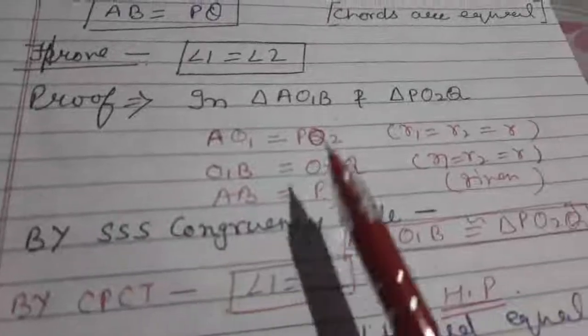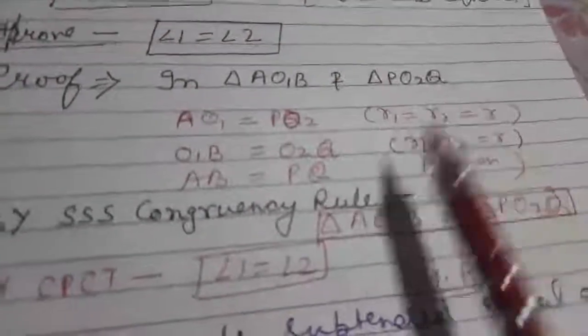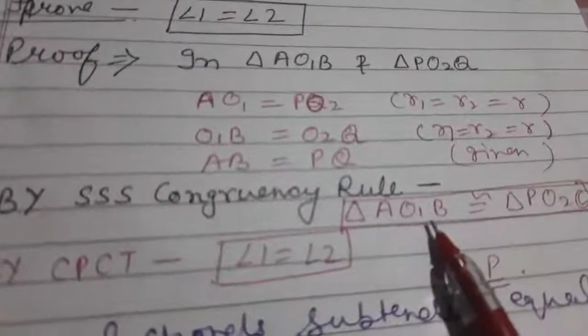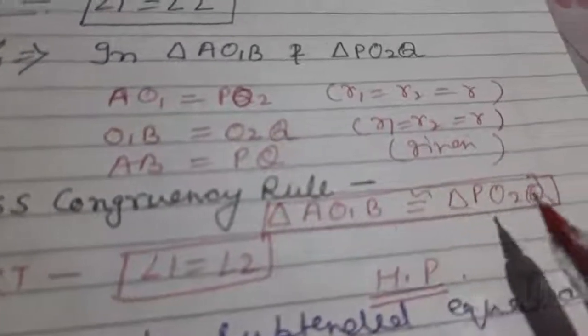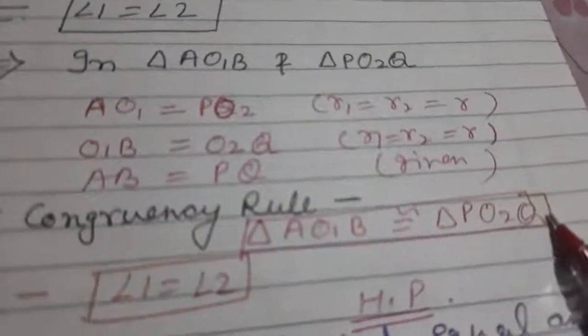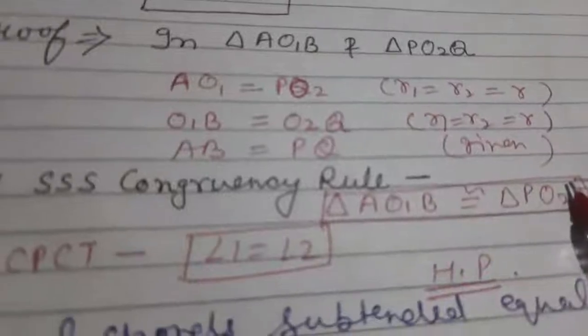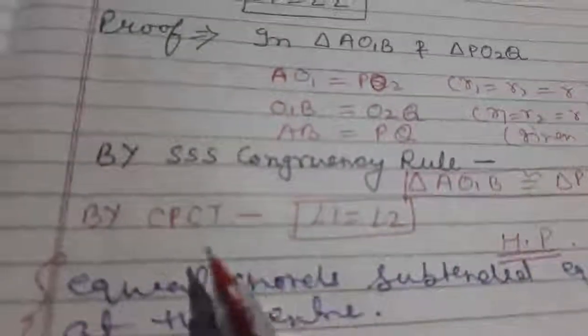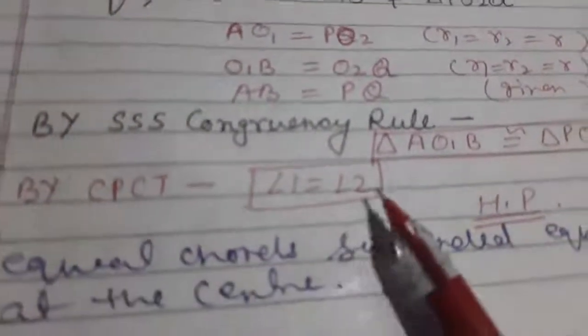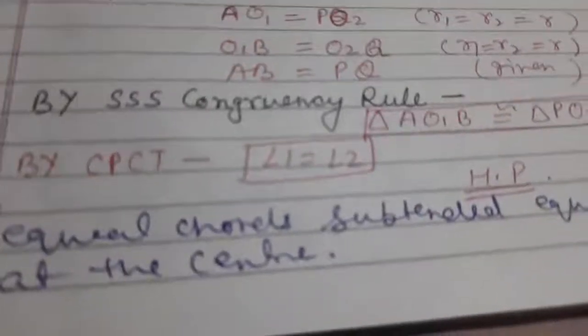So by SSS congruency rule in these two triangles, we can say triangle AO1B and triangle PO2Q are congruent to each other. Okay, so by CPCT we can say angle 1 is equal to angle 2.